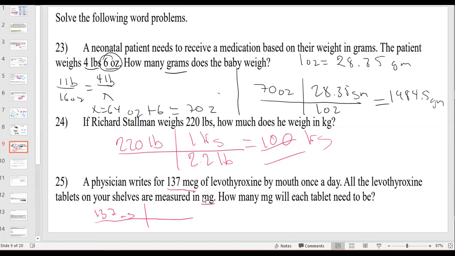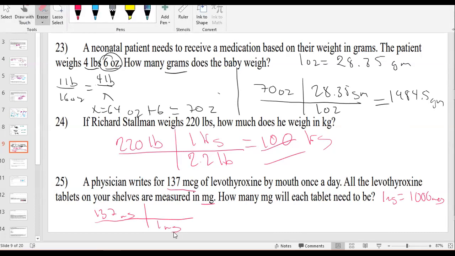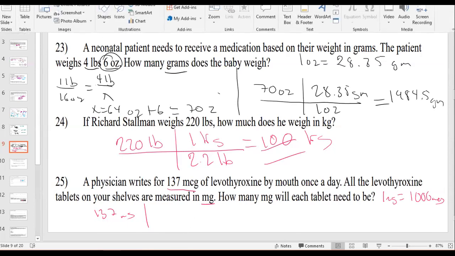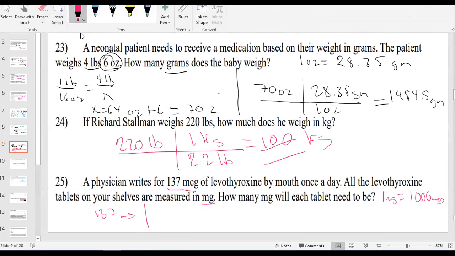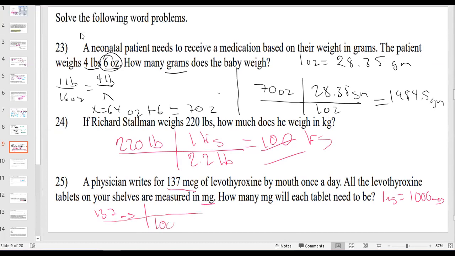What's my conversion factor from 1 milligram to how many micrograms? 1,000 micrograms. I'm trying to cancel my micrograms, so that'll be 1,000 micrograms equals 1 milligram. And see that we're dividing. So that should be 0.137 milligrams, because my micrograms will cancel with micrograms.